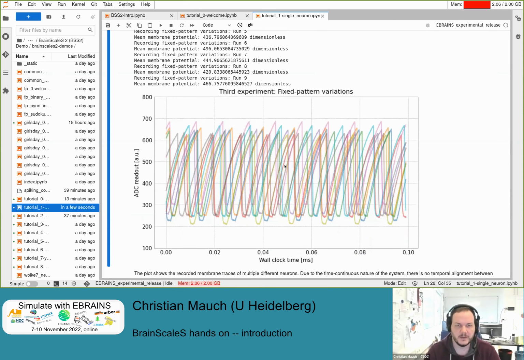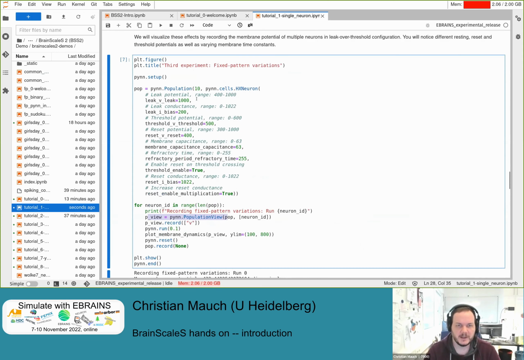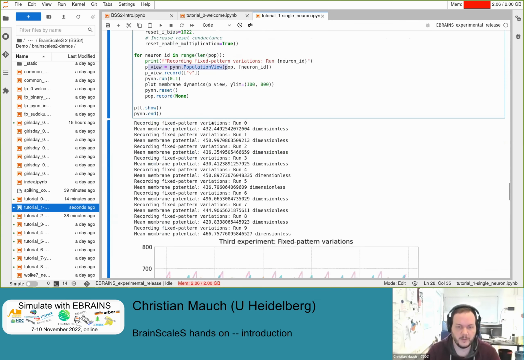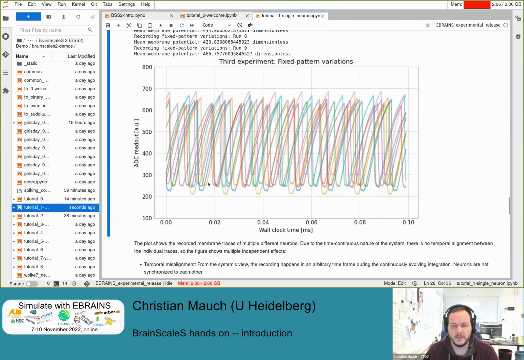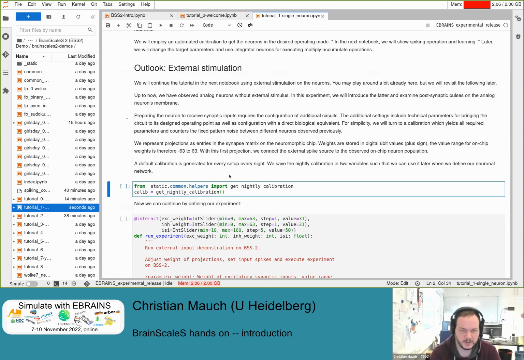So we need some way to alleviate this, and this is why we use a calibration, which automatically adjusts all these parameters to make the neurons behave more similarly. You can run it on demand, but for this tutorial we just provide a static calibration that is run every night, which brings the neurons into a somewhat sensible state.